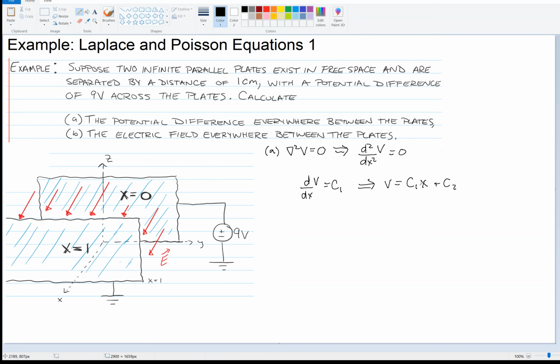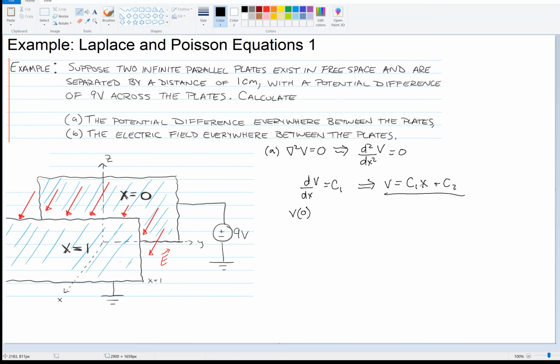When you integrate a constant, you just tack on the x, and then you get another constant of integration. You can check yourself by taking the derivative of this thing twice and see if you get back 0, and you do. So now we need to find those constants, and so we plug in our boundary conditions. We know that at x equals 0, we have a potential of 9 volts.